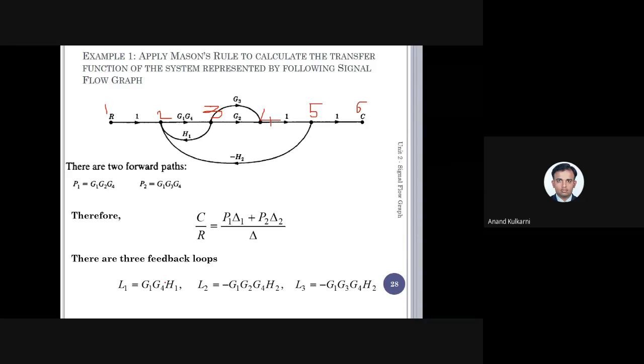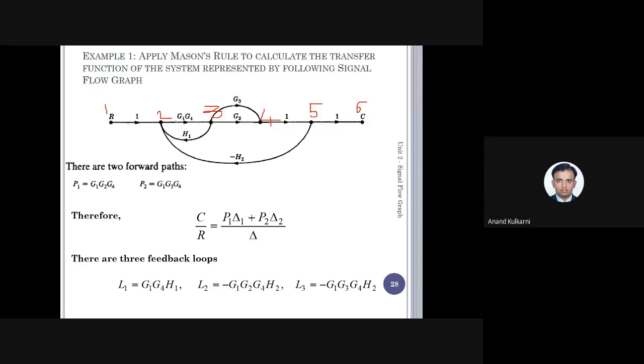Then I'll consider L1 and L3. L1 is 2, 3, 2, and L3 is 2, 3, 4, 5, and 2. Again, in this condition, 2 is associated, so I cannot consider L1 and L3, nor L1 and L2. Then we'll consider L2 and L3.